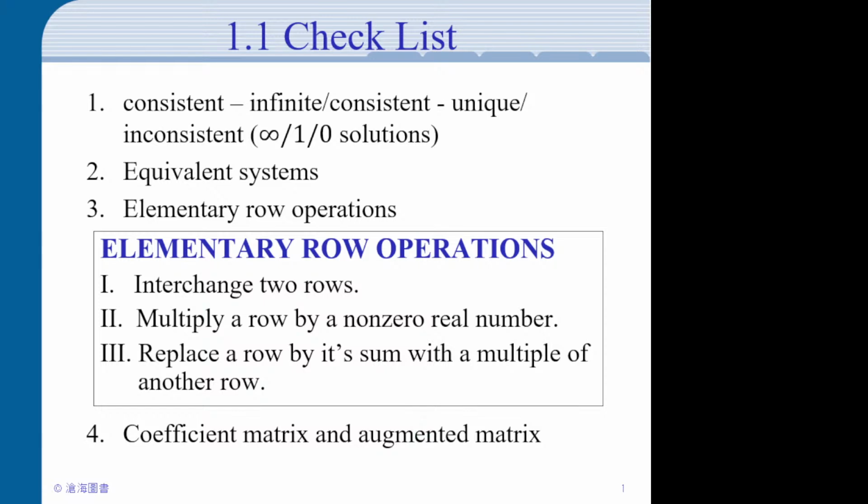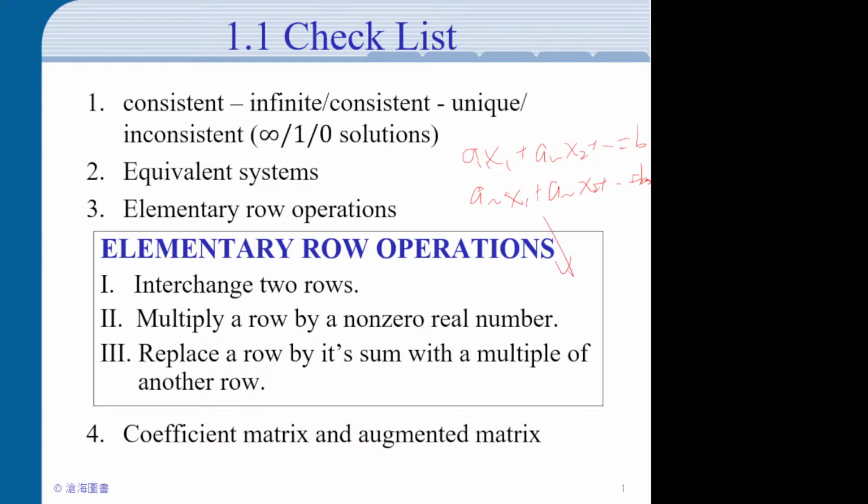You have a linear system like a11 x1 plus a12 x2 equal to b1, and so on: a whole bunch of a's and a whole bunch of x's equal to a whole bunch of b's.